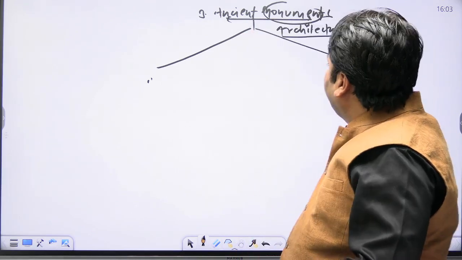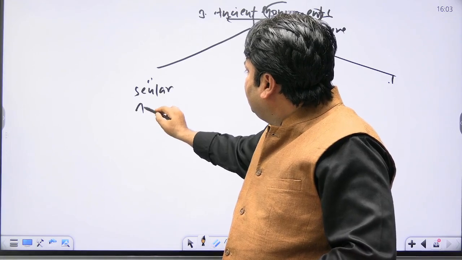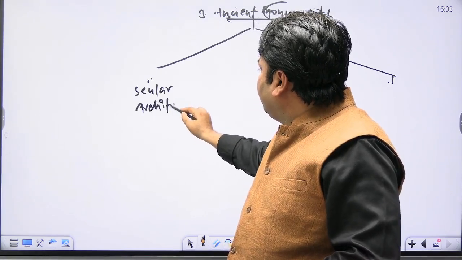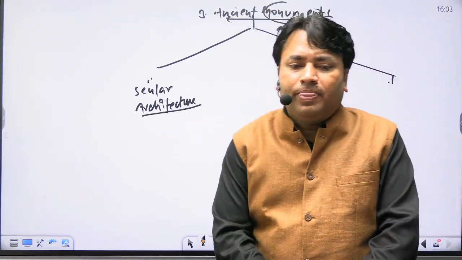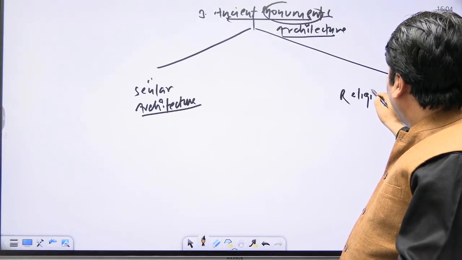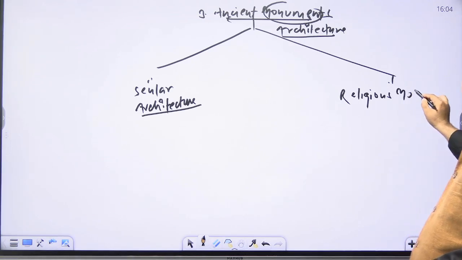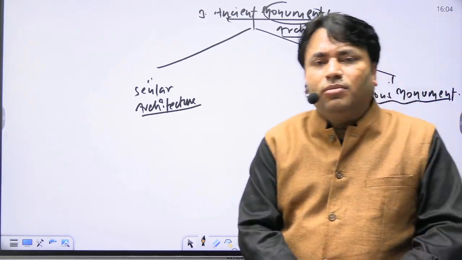One we can categorize as secular architecture, we can also call it secular monuments. One is secular architecture or monument, and the second is religious architecture or religious monument.